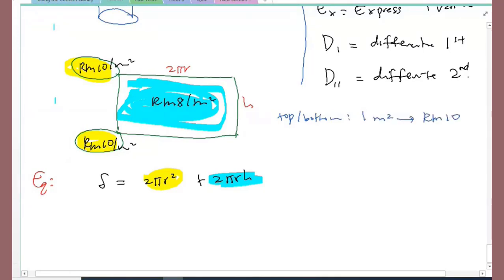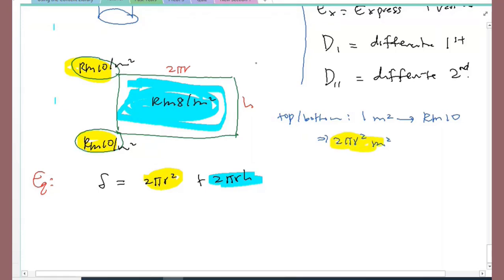So how many meters? So R, the ratio, 2 pi R meter square.